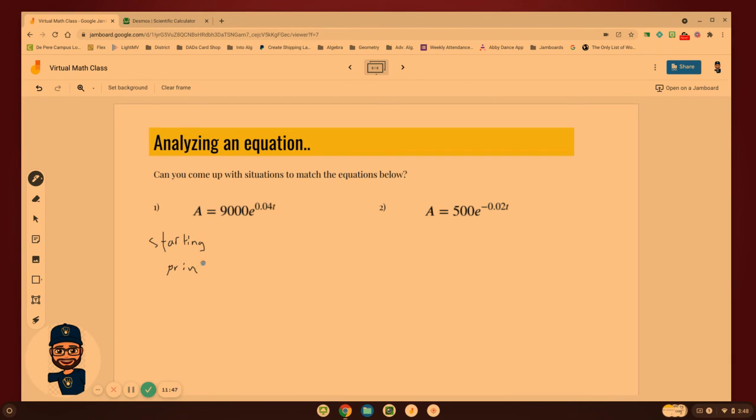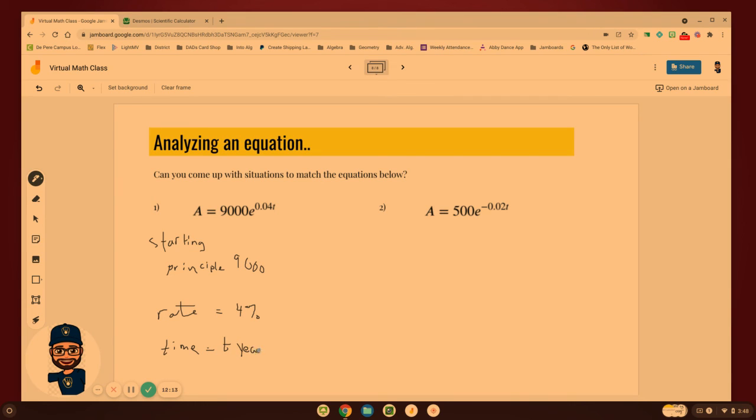So we have this starting principal of $9,000. We have a rate that equals 4%. It says 0.04 in the equation, which means it's 4%, and it's going to be in the account, in this case, for T years.